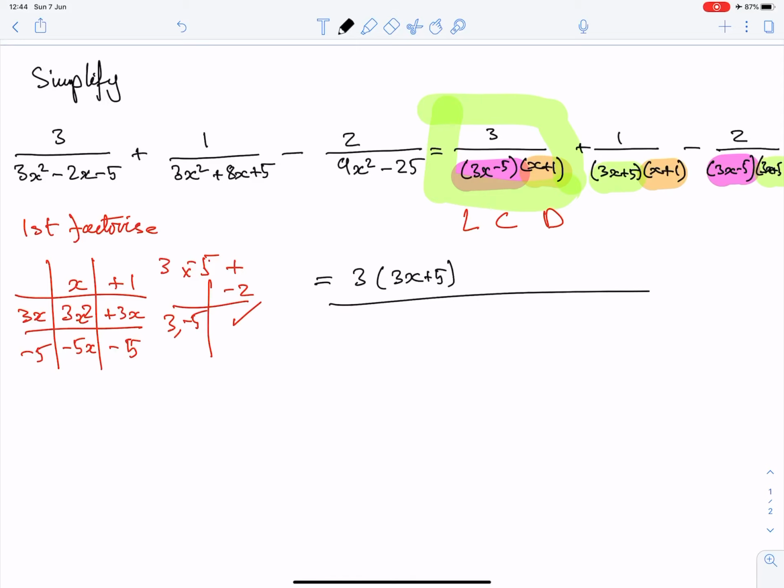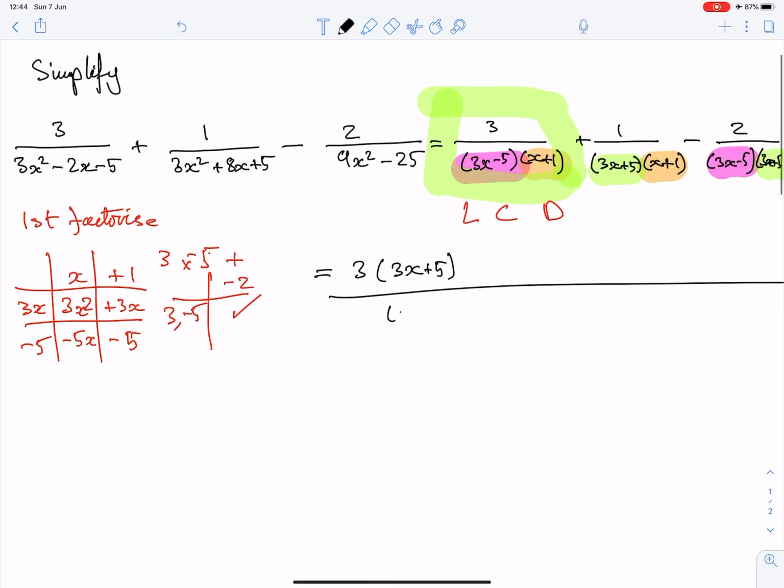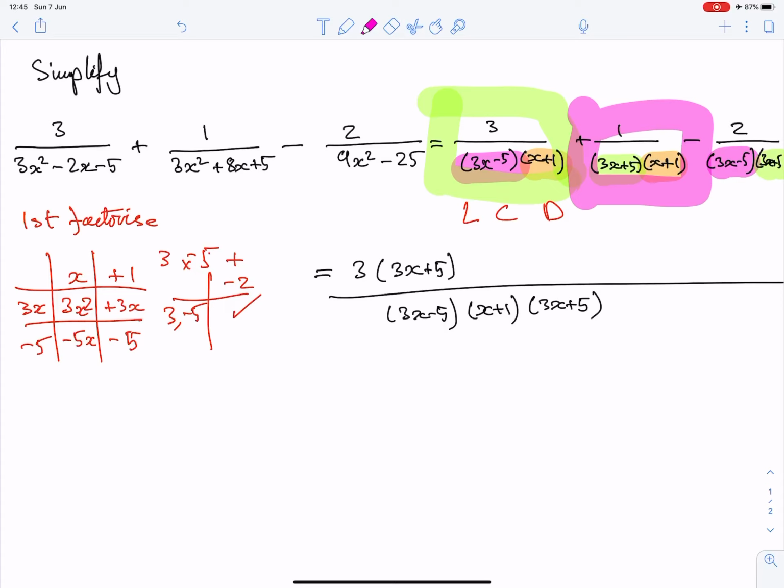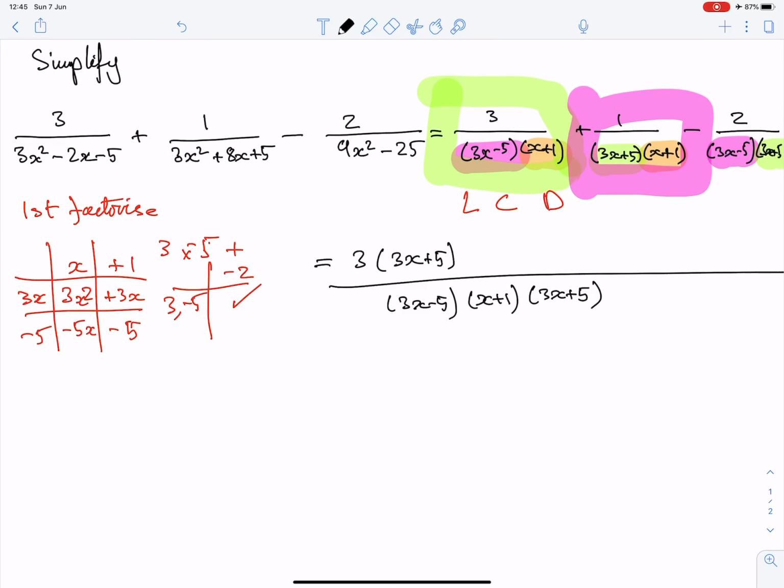And the denominator is now going to be the same for everything. 3x minus 5, x plus 1, which we already had in that one, times 3x plus 5. When we get to the second one, we can see that the pink denominator, 3x minus 5, is missing. So both the top and the bottom need to be multiplied by 3x minus 5. So we get plus 1 lot of 3x minus 5, and that gives us a common denominator now as well.